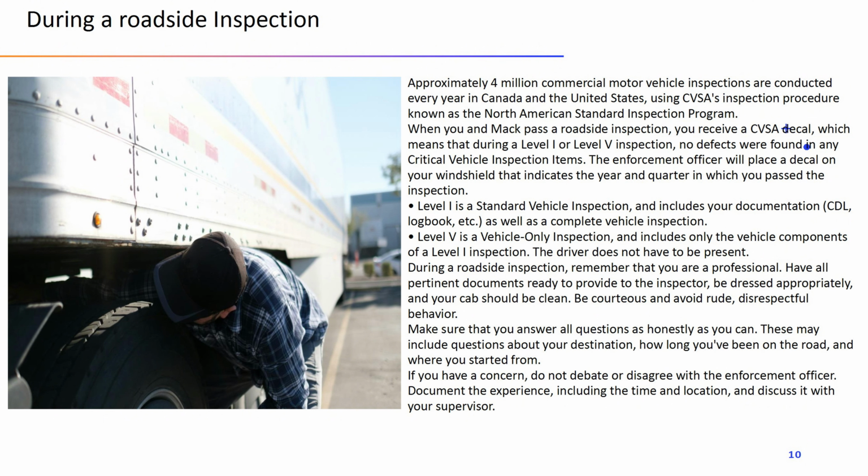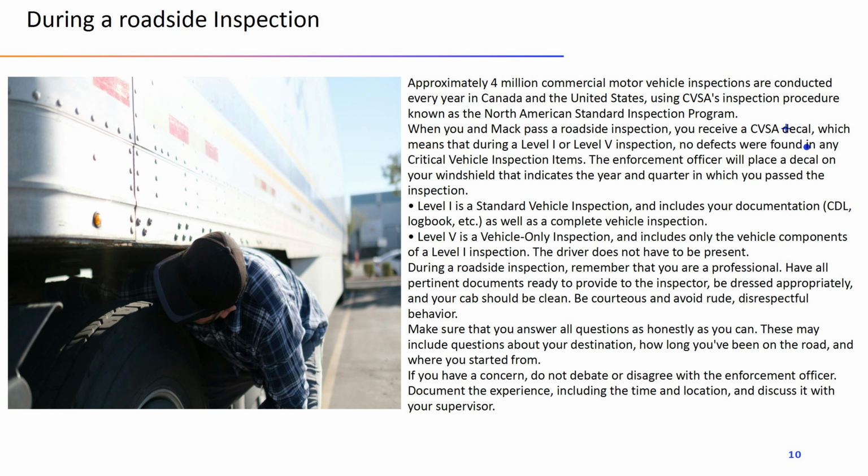The enforcement officer will place a decal on your windshield that indicates the year and quarter in which you passed the inspection. Level 1 is a standard vehicle inspection and includes your documentation, CDL, logbook, etc., as well as a complete vehicle inspection. Level 5 is a vehicle-only inspection and includes only the vehicle components of a Level 1 inspection. The driver does not have to be present.